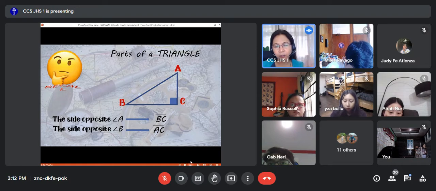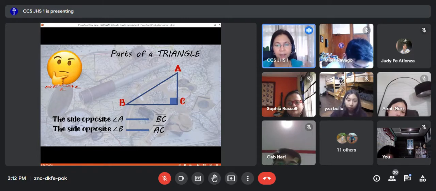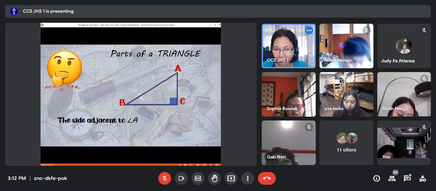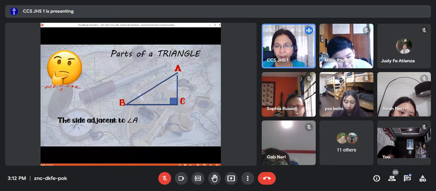So you know this word, the side opposite angle A is segment BC. The side opposite angle B is segment AC. Another word to learn is the side adjacent. What is adjacent to angle A?